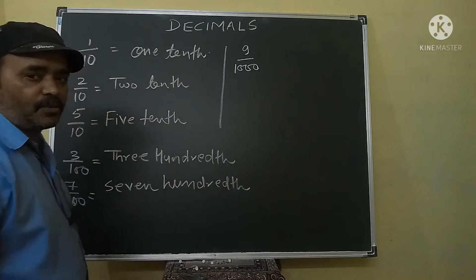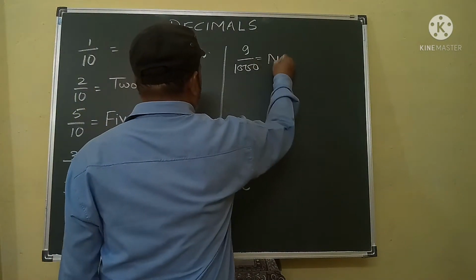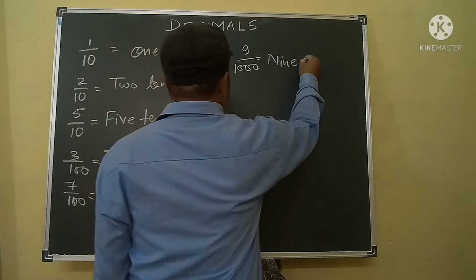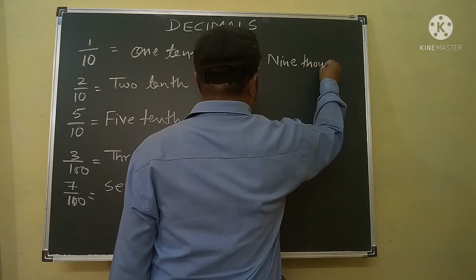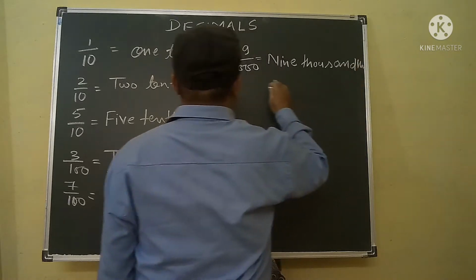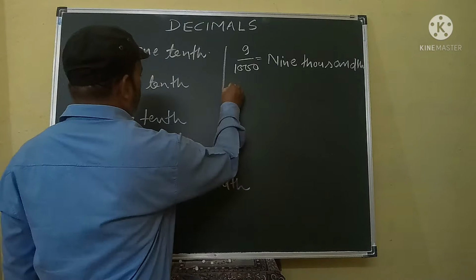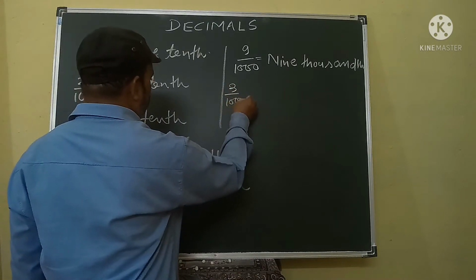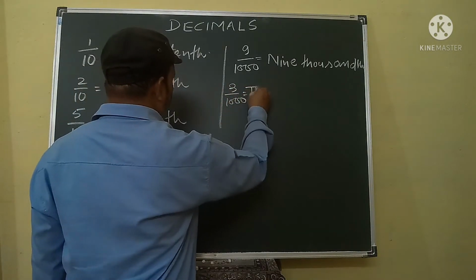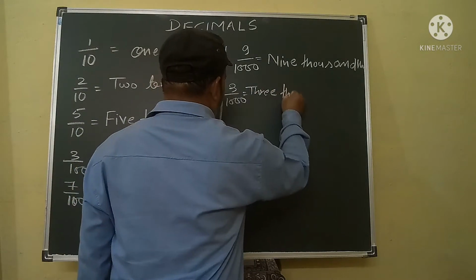So this number we can read 9/1000th. Suppose this is 3 upon 1000. So we can read 3/1000th.